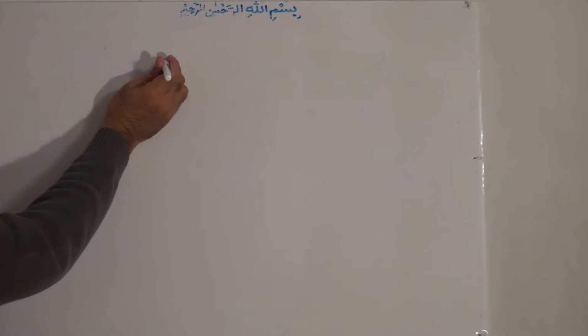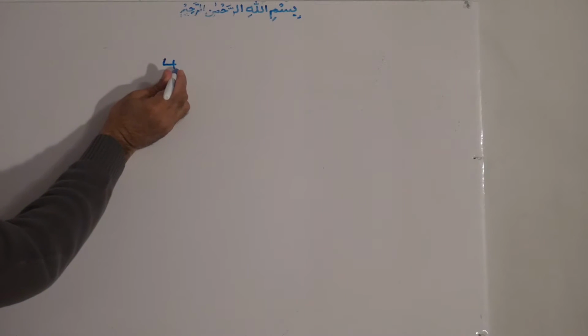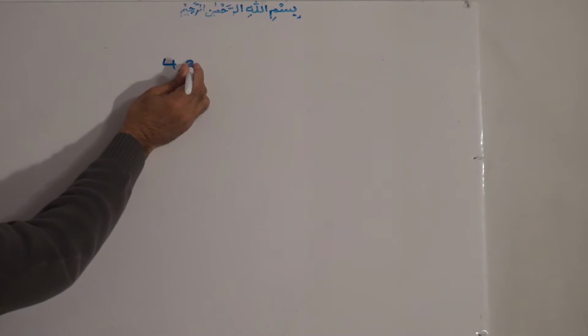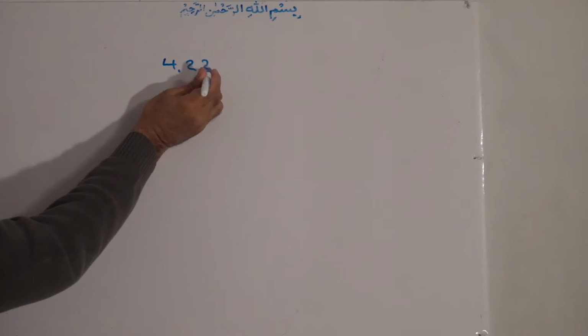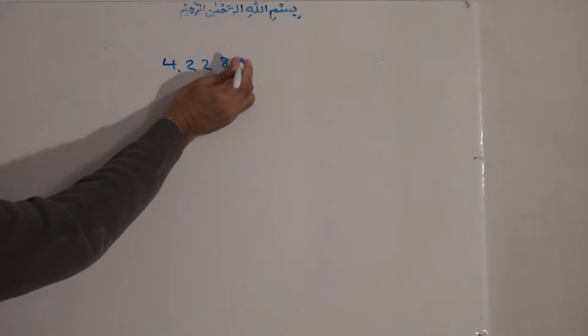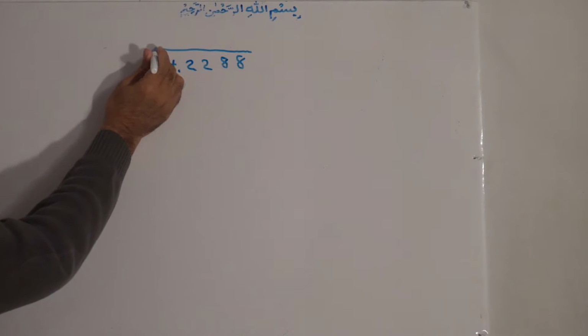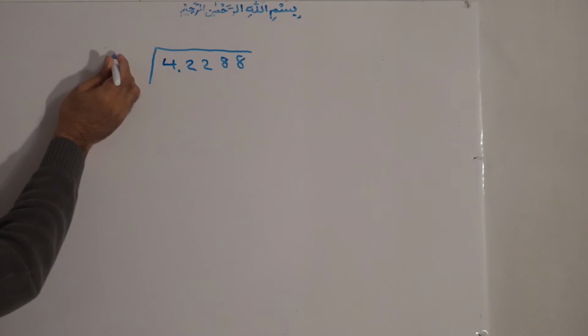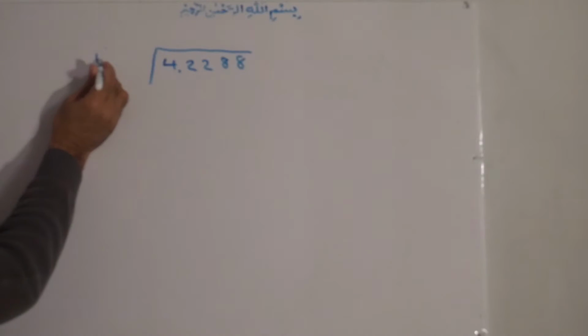Now we use accuracy for division, like 4.2288 divided by 1.2.